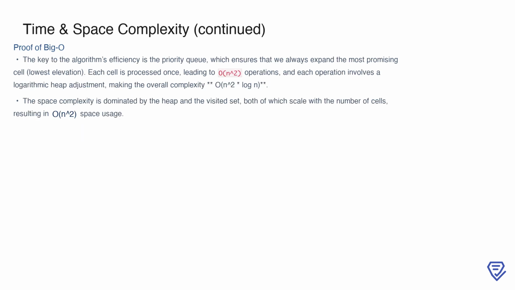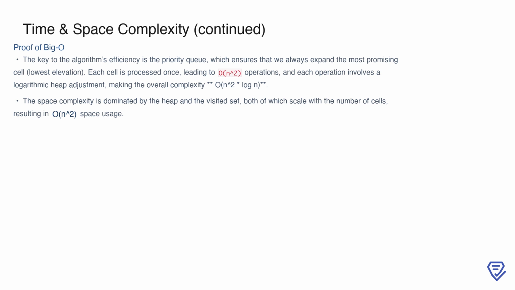Finally, let's solidify our understanding of the algorithm's efficiency with a proof of its big O complexity. The priority queue is the cornerstone of the algorithm's performance. By always expanding the cell with the lowest elevation, we ensure efficient progress toward the solution. Each cell in the n×n grid is processed exactly once, resulting in O(n squared) operations.